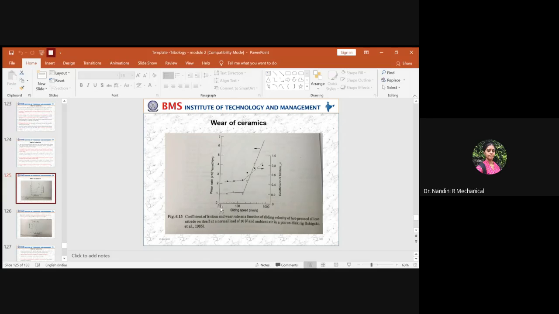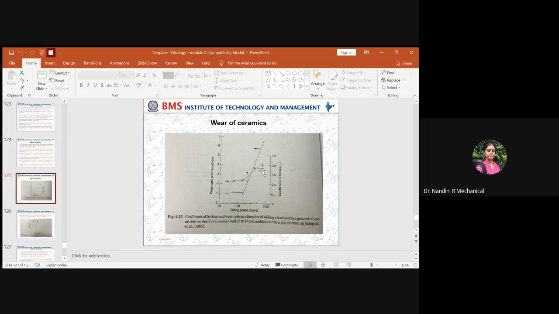Until it is around 100 plus meters per second, the coefficient of friction was gradually increasing. Once it crossed this value of sliding speed towards 1000 per second, we could see a rapid enhancement in the coefficient of friction.